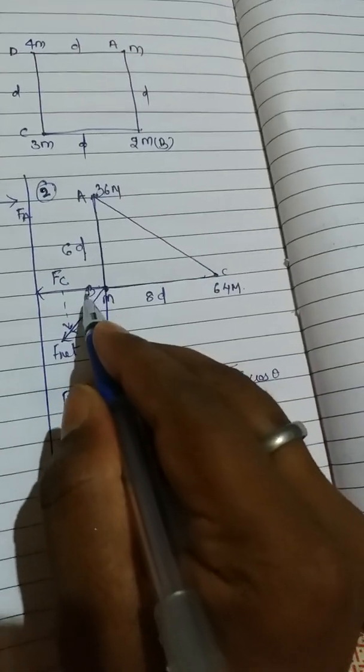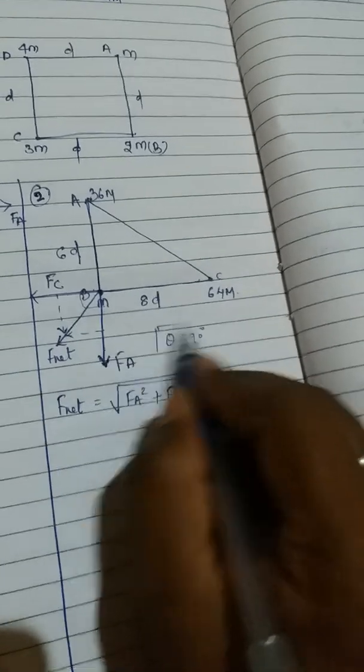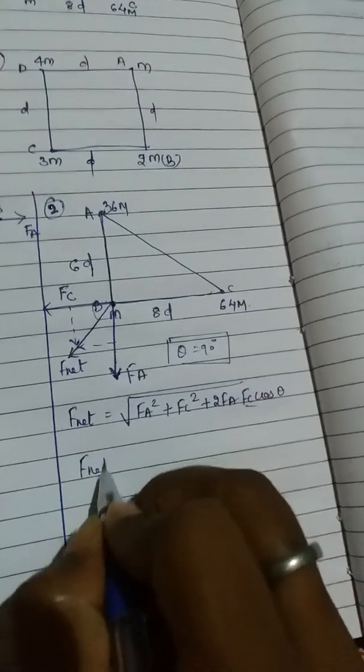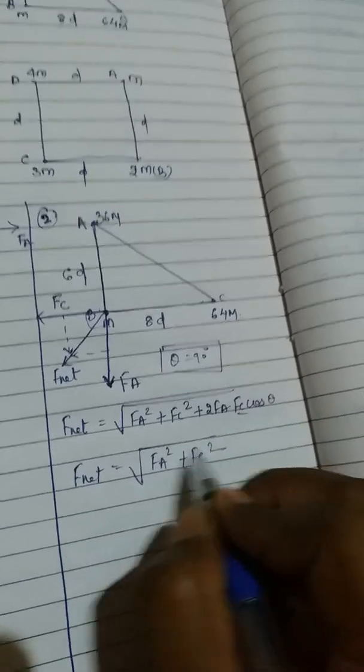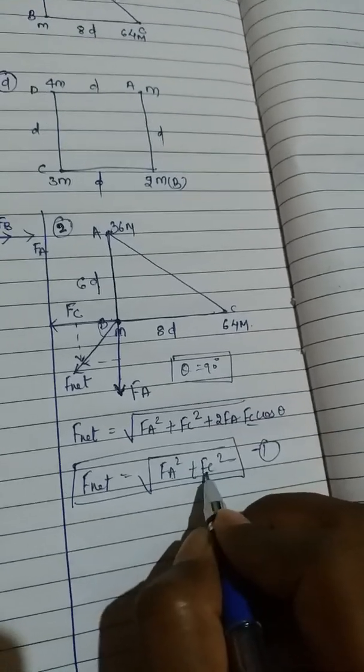Here the angle between these two components, Fa and Fc, is theta equal to 90 degrees. So this term is going to be 0, and F net is equal to under root of Fa square plus Fc square. Now to get this resultant net force, we need to get Fa and we need to get Fc.